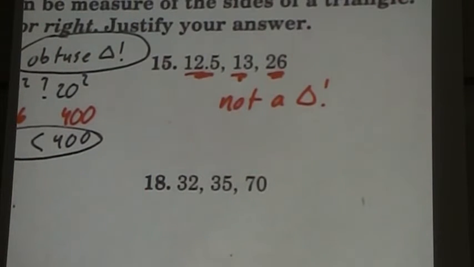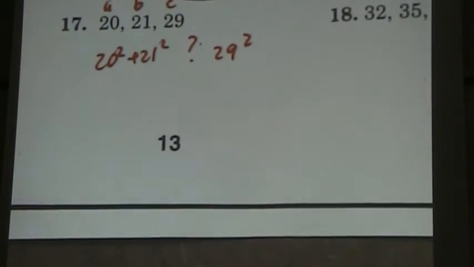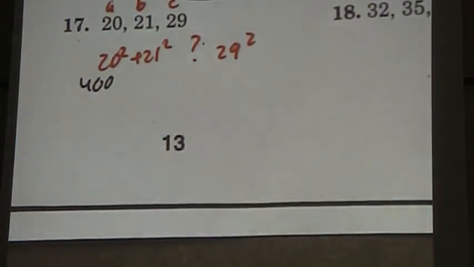I do want to do one more with you guys, though, that actually is a triangle. So let's do 17. A, B, C. C is my biggest. 20 squared plus 21 squared, question mark, 29 squared. And now we got 400 is that one.